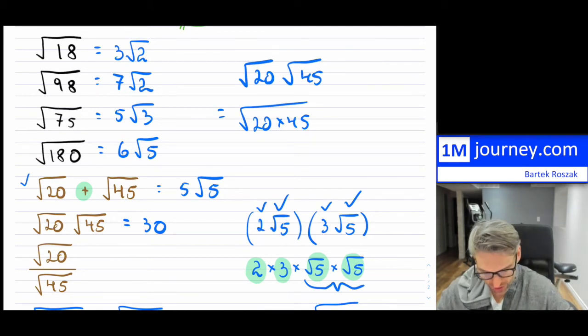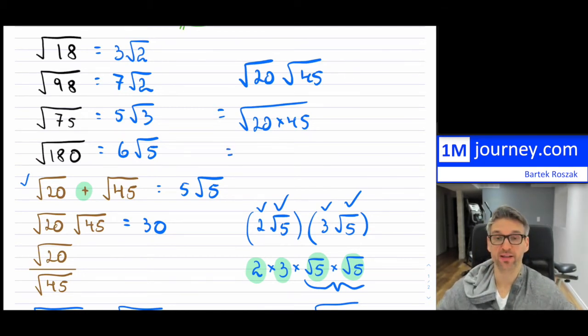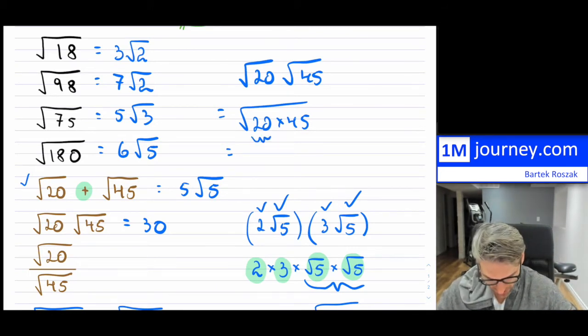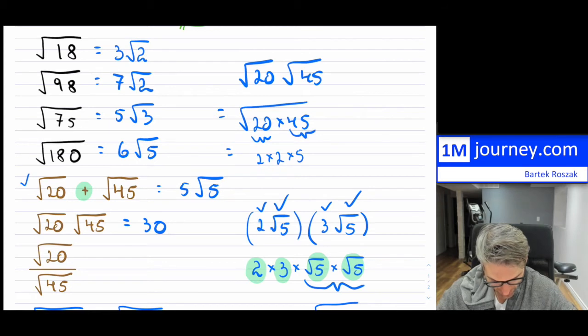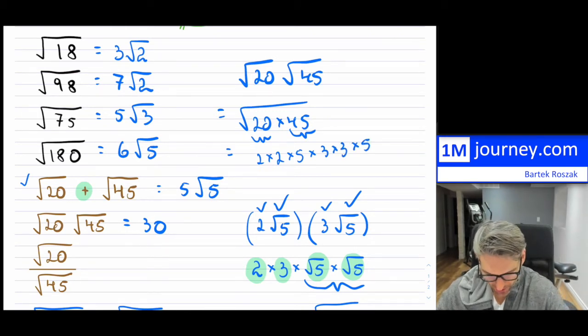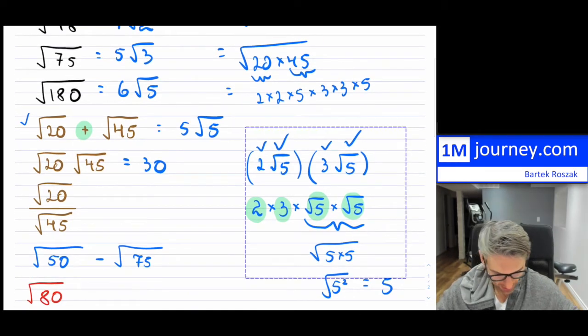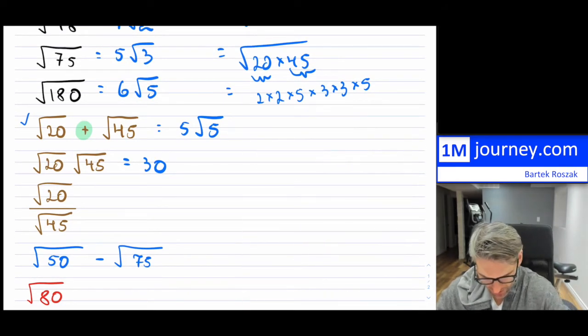And now what you would do is you would simply prime factorize 20 times 45. So this is 2 times 2 times 5, and this right here is 3 times 3 times 5, all right? And notice, I'm going to remove this.